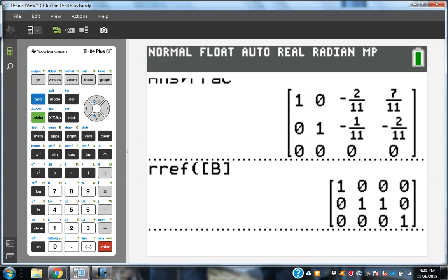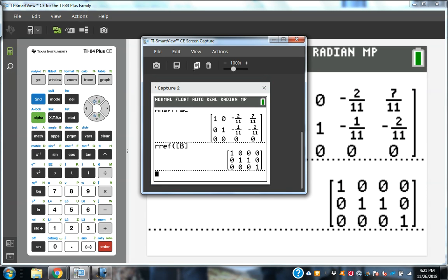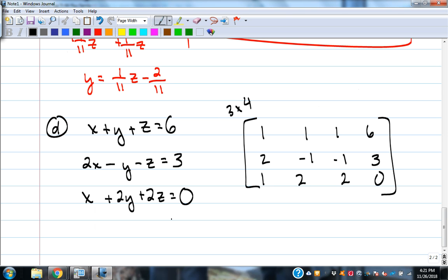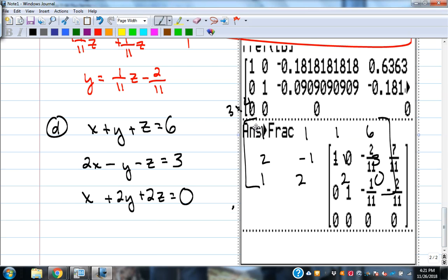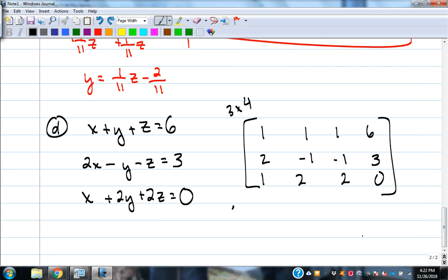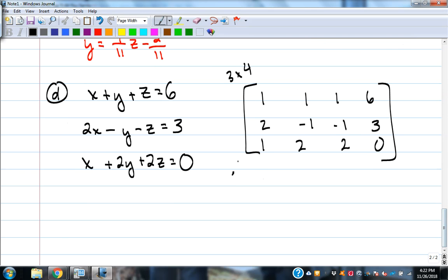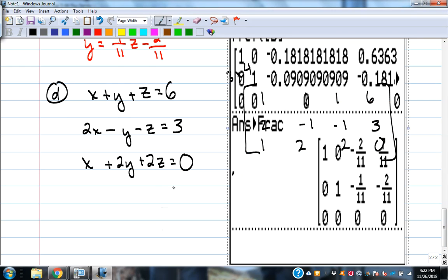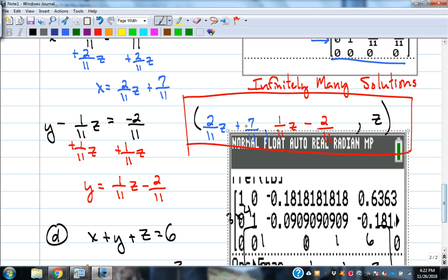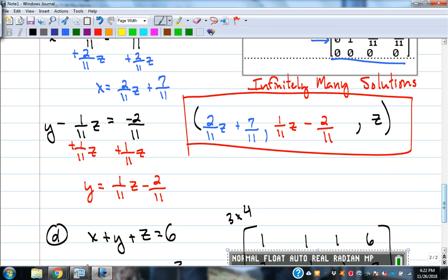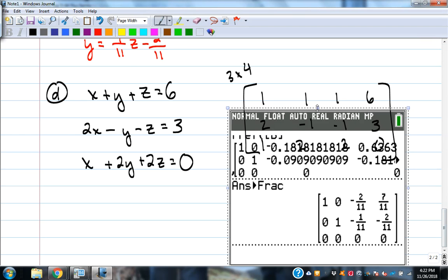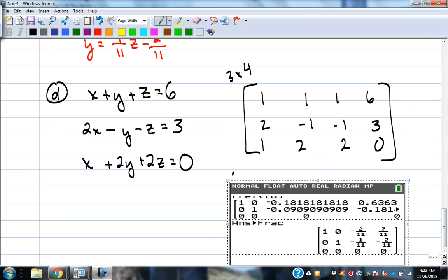I've got that bottom row, which is what tells the tale. That bottom row says that 0, 0, 0 is equal to 1, and 0, 0, 0 can't be equal to 1.